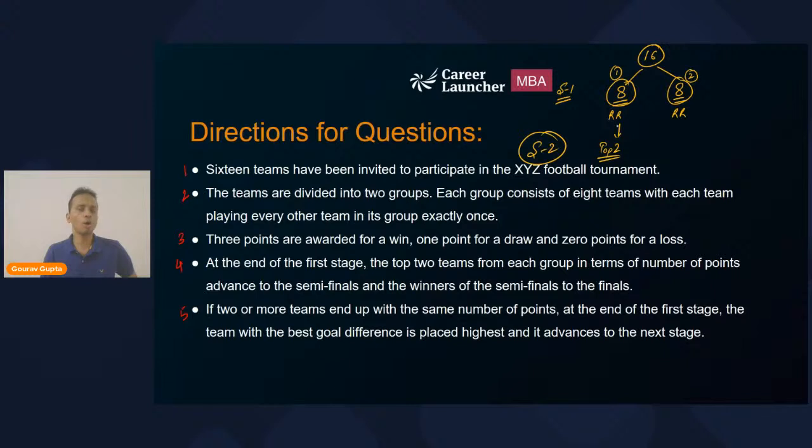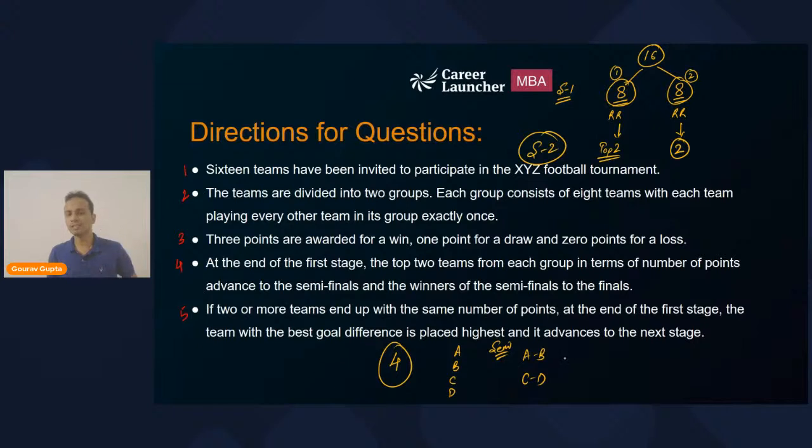So top two teams from group 1 and top two teams from group 2. Now, how many teams do we have? We have 4 teams. Look at the bottom of your screen. Among these 4 teams, a knockout will happen. Let me call these teams A, B, C, and D. Let's say A and B will play, C and D will play. This is called the semi-final.